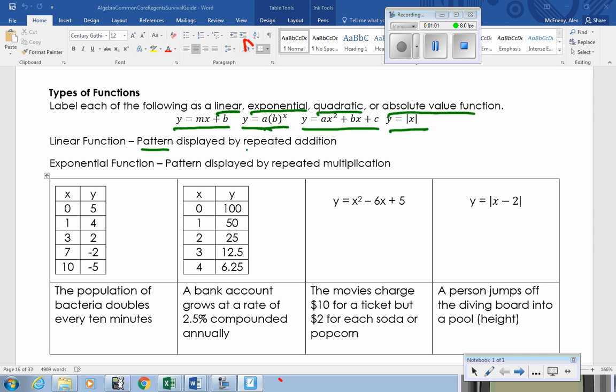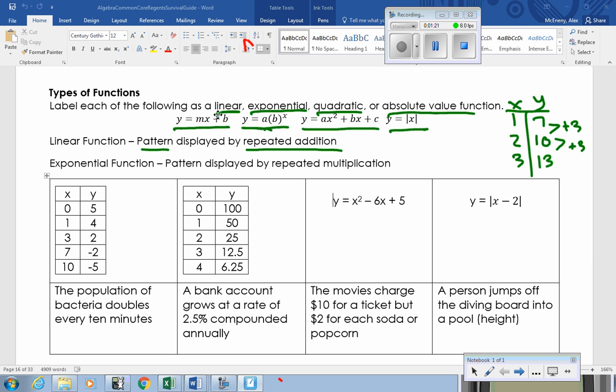A pattern with repeated addition. So for example, if you had a table, x and y values, and something like 7, 10, 13, this would be repeated addition because you're going up by 3. That rate of change is constant.